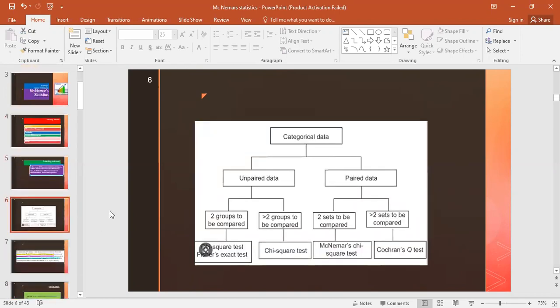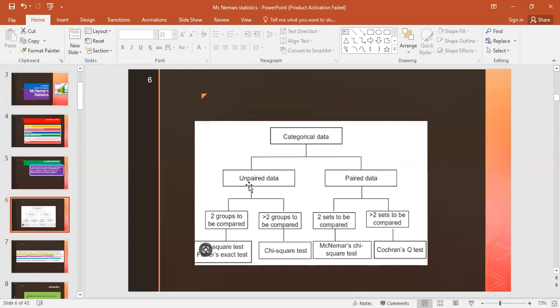This table shows the different types of tests which are applied and how they differ from one another. There is categorical data, which is in unpaired or paired form. In paired data, if we have two sets to be compared, then we use the McNemar chi-square test, and if there are more than two sets to be compared, then we use Cochran's Q test.